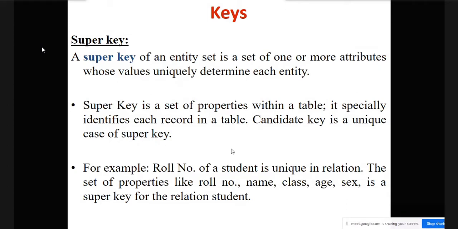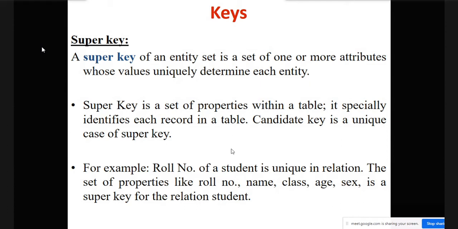Now suppose you have a student as one of the entity sets, or we can say one of the tables, the student table. In student we can have a number of attributes like roll number, name, address, then class. All these attributes are present for the student. The roll number of a student is unique, we know that.